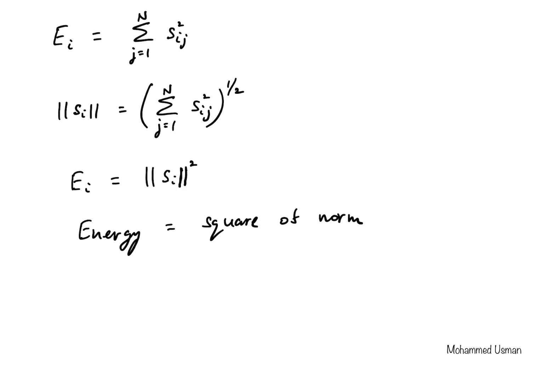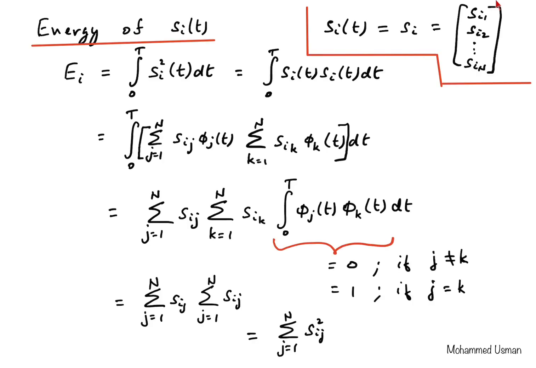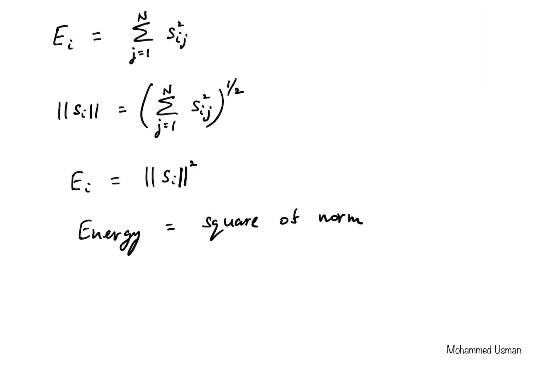And then we will also see now what we mean by this energy computation. This is Sij square. It's basically multiplying the signal vector with its transpose. When we have this signal as a vector, for Sij square we want to multiply each element, square it and add it. So if we have our signal denoted as Si, I'll write it in vector form.